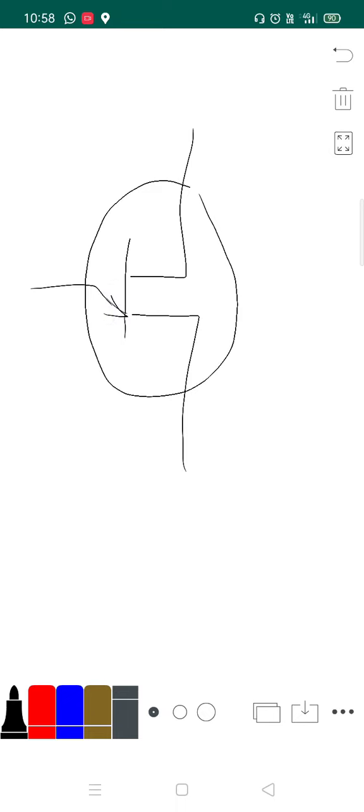This arrow indicates the direction of the current flowing inside the UJT.